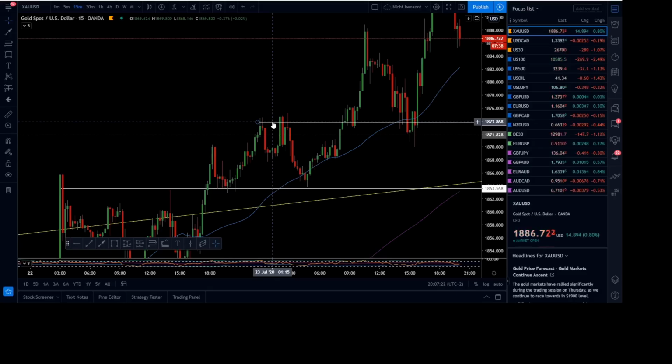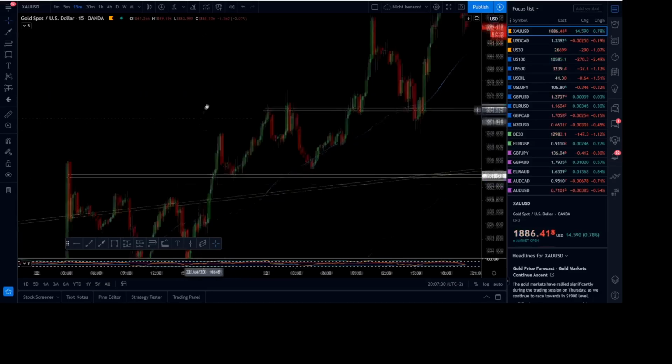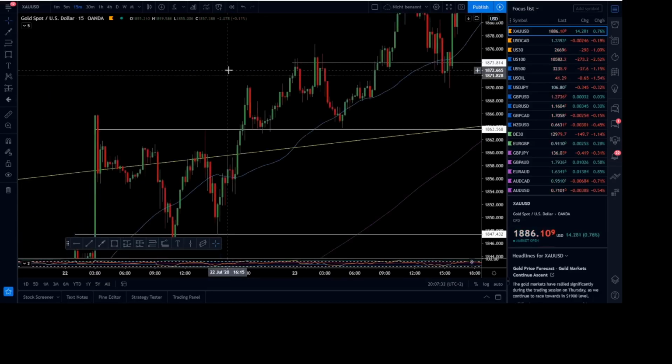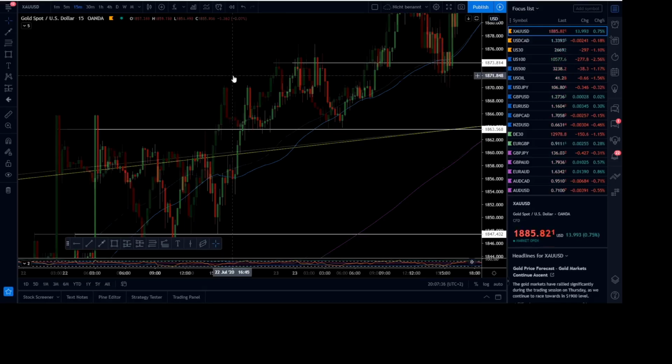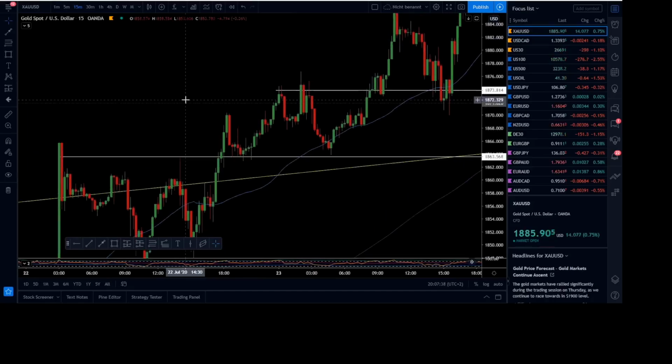Okay, and what kind of confluence can you also add to your break and retest pattern? You could add a moving average, for example. You want to see the rejection near, for example, this 50 period moving average.